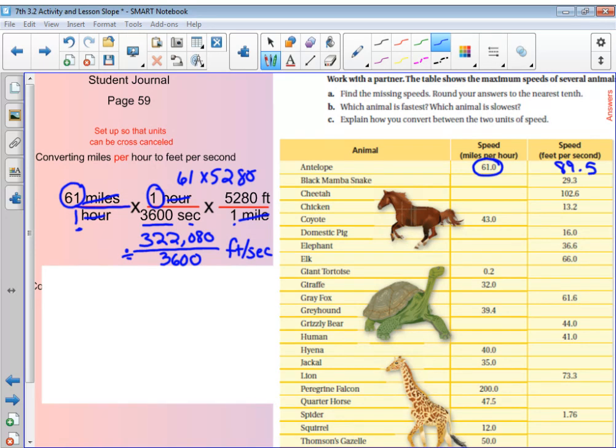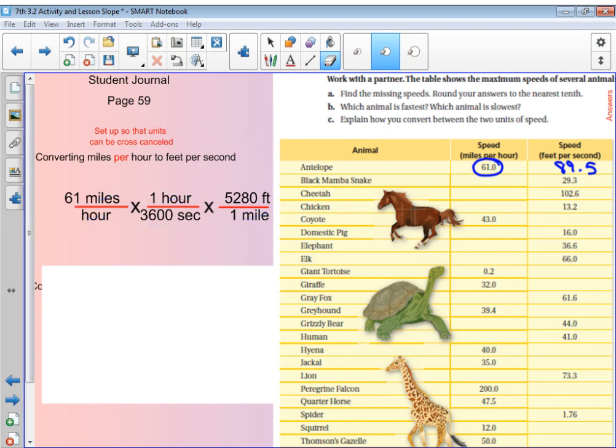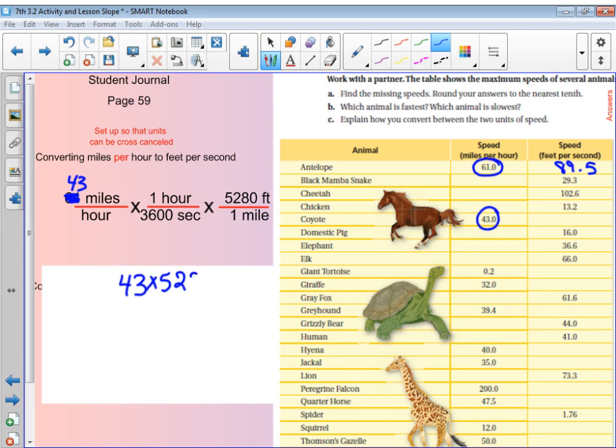Okay, so now we're going to do the same concept, only this time instead of 61, we're going to do our 43. I'm going to work my way down this first column and get all of my feet per second. So where I had this 61, I'm going to now replace it with a 43. On the top, I have 43 times 1, which is 43, times 5,280.